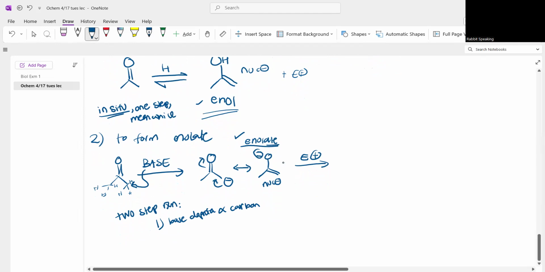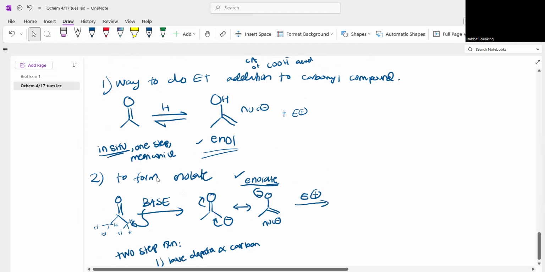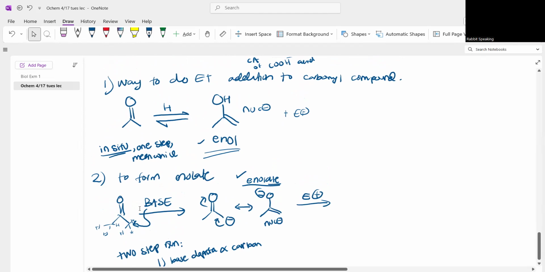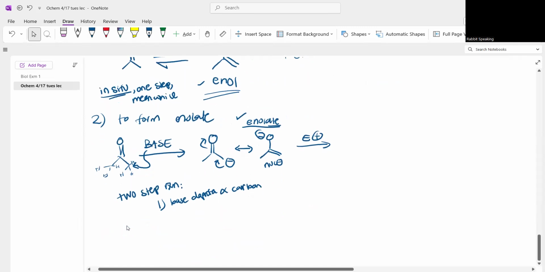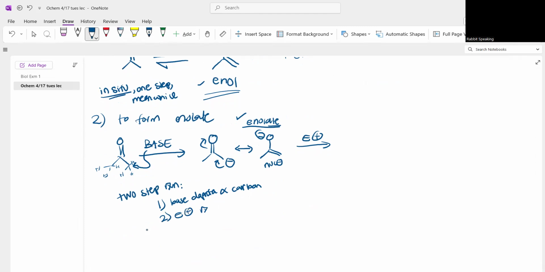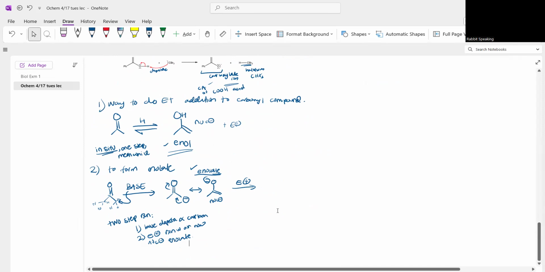And that's really important when we're forming an enolate, because if our carbon here doesn't have at least one hydrogen, nothing can get deprotonated and we can't form our enolate. And yeah, so that's the first step. Second step is then doing the electrophilic reaction with our now nucleophilic enolate. Okay, and so yeah.